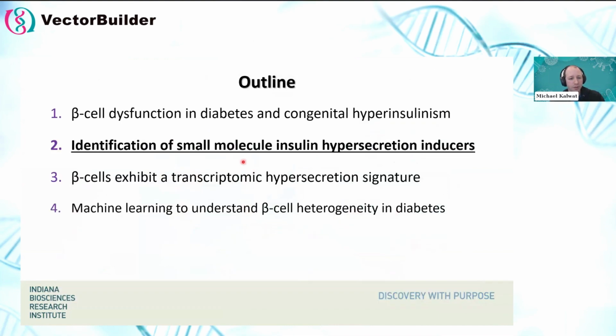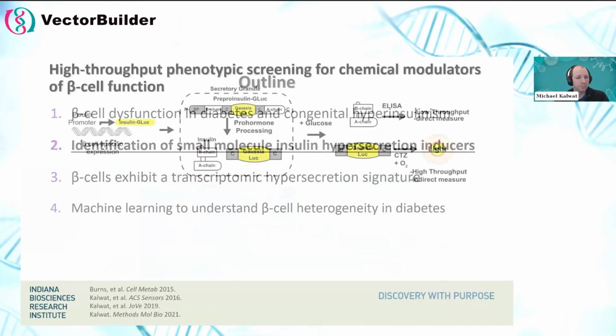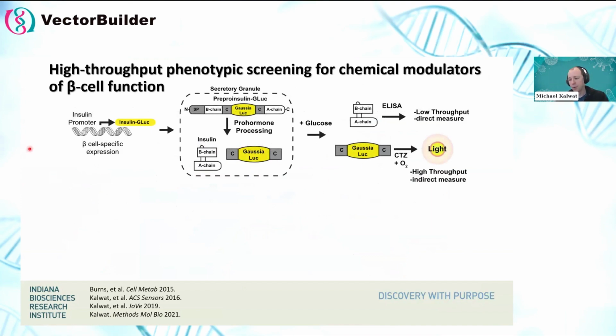So I'd like to move on to telling you about how we identified a small molecule that causes insulin hypersecretion. When I was in my postdoc, I wanted to find a way to study insulin secretion cheaply and quickly, without having to pay so much money for ELISAs and take a long time to see the results.